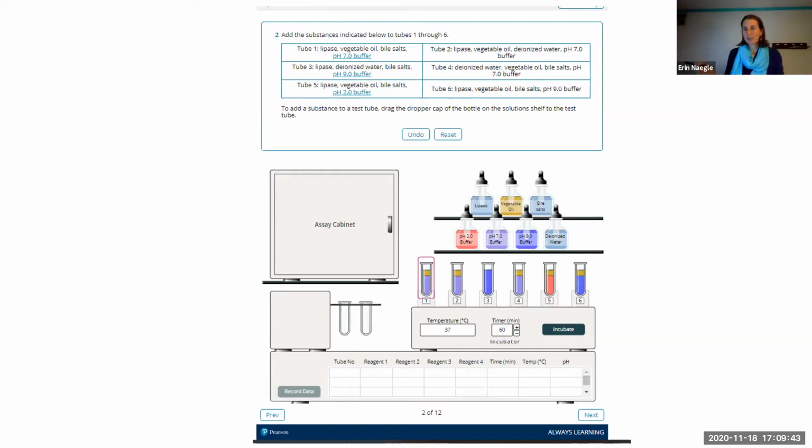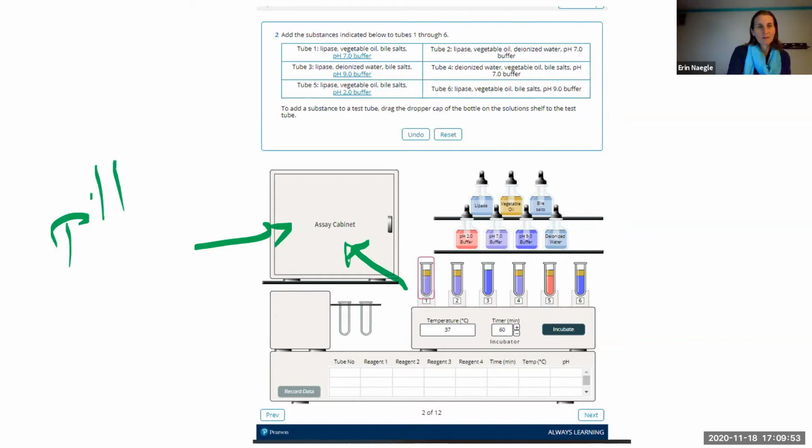Whatever organizational tactics work for you. And then at the end, it should look something like this. You'll incubate them, and then you end up putting them in this assay cabinet. And the assay cabinet is basically a pH meter. And so you're going to be recording the pH of each one of these tubes, and then comparing what you find as far as how active the lipase is.